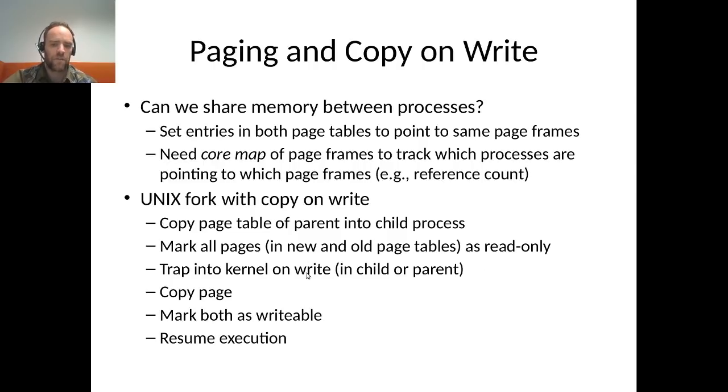So either the parent or the child tries to write. It's very similar to how segmenting works. Then we copy the page. Remember, this is more efficient because we're not copying the entire segment, just the page. We mark both of them as writable. So now both the parent and the child can write to their respective separate pages, and we resume execution.